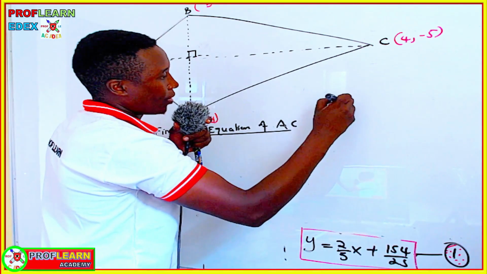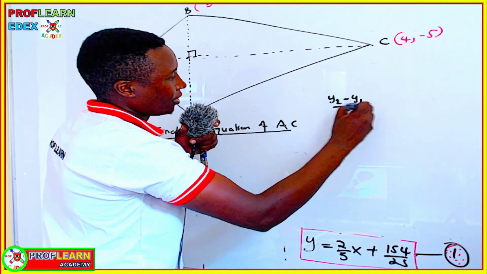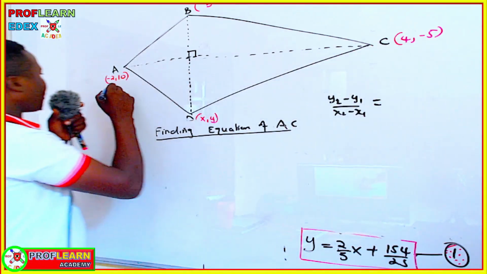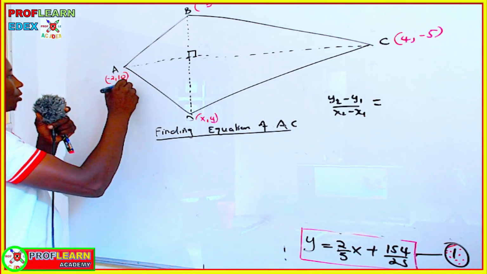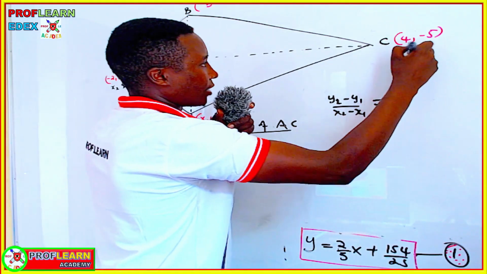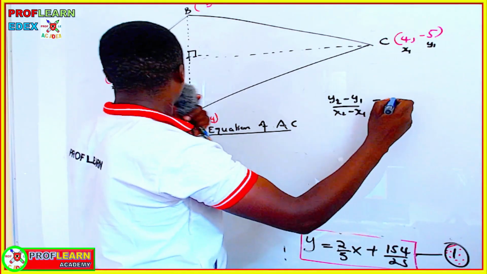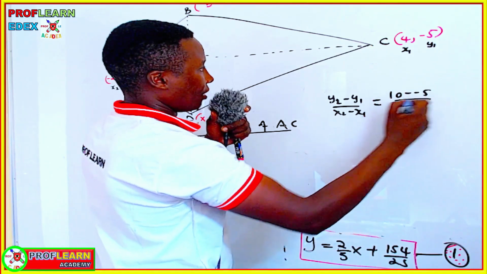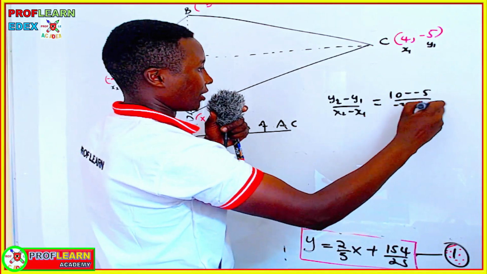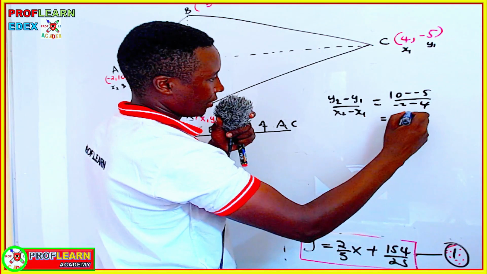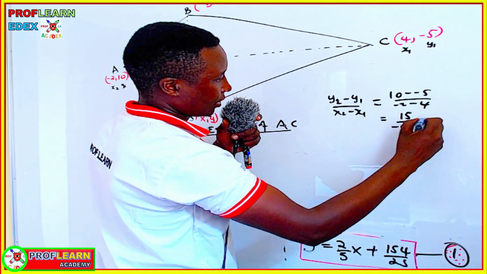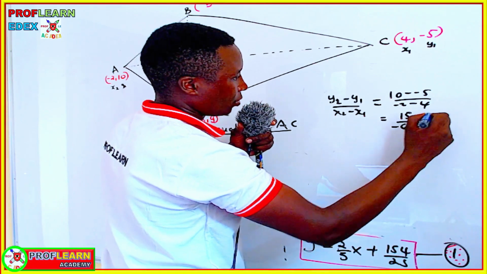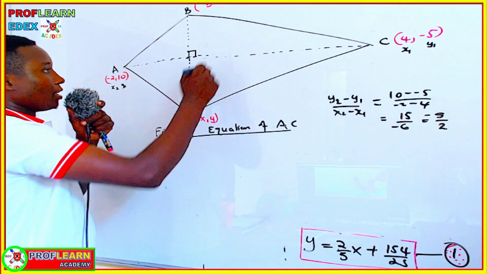Remember, it's y2 minus y1 over x2 minus x1. If we say this is our x2, y2, and this is our x1, y1, the gradient of this line is going to be 10 minus negative 5 over negative 2 minus 4, which is 15 over negative 6, and that translates to negative 5 over 2. So this is the gradient of this line.